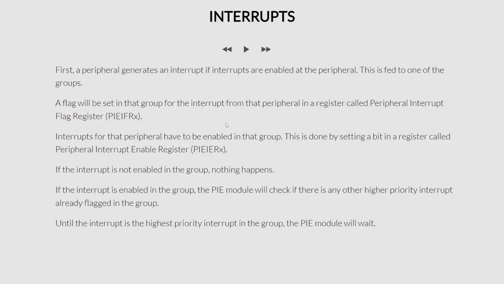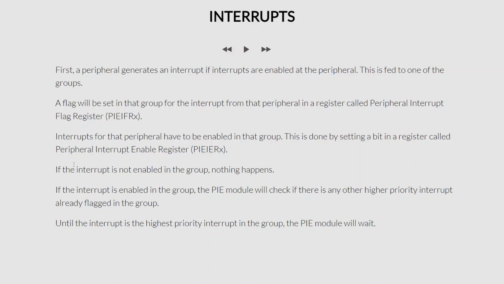So let's say, for example, we are talking about group number 5. Then there will be a register PIE IER 5, right? That is the interrupt enable register for group number 5. And within that, there is a bit corresponding to the interrupt from that peripheral. Again, this entire assignment is already done. It is done for the F28069 and it is done for most processors in the Texas Instruments C2000 series, right?